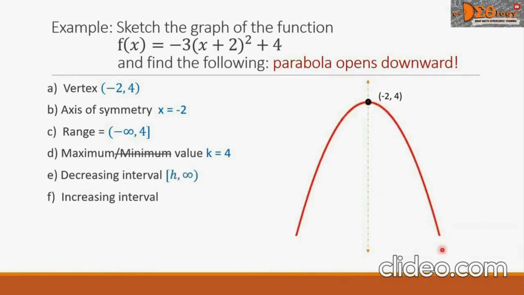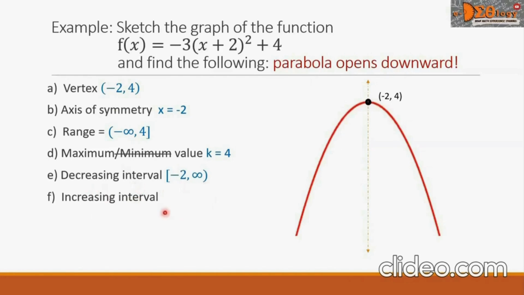And our formula is the square bracket h, comma, positive infinity, parenthesis. And this h we will now change by the x coordinate of the vertex. So the decreasing interval h becomes negative 2. So this is now our interval notation for the decreasing interval.